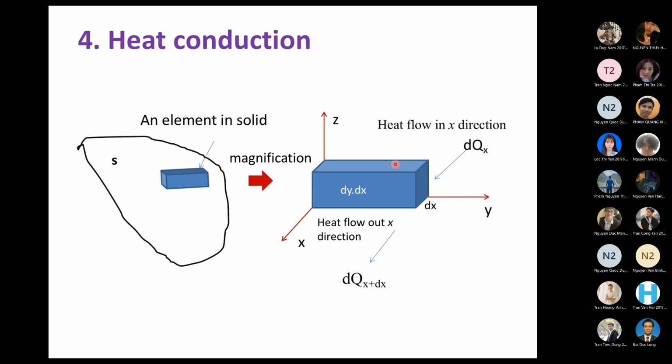Here, for heat transfer, we have this element in three directions, x, y, z. The heat transfer in the x direction will be dqx, and the heat transferred out of this body in the x direction will be dqx plus dx, meaning this plus a very small amount of heat transferred out. Similar for the y and z directions.